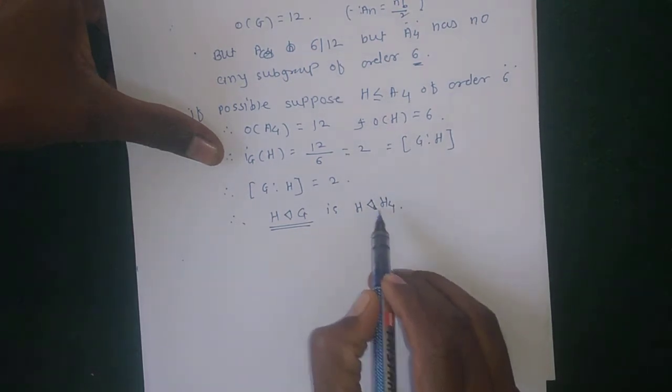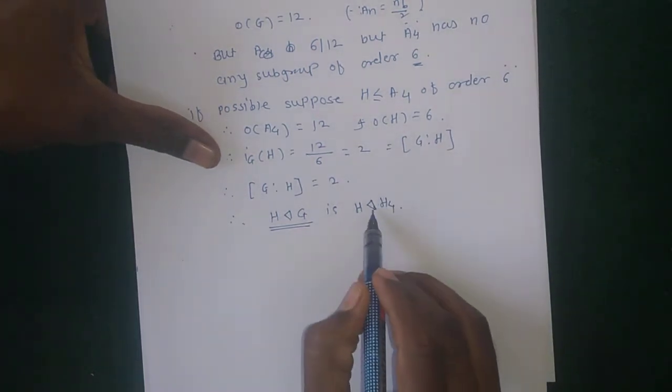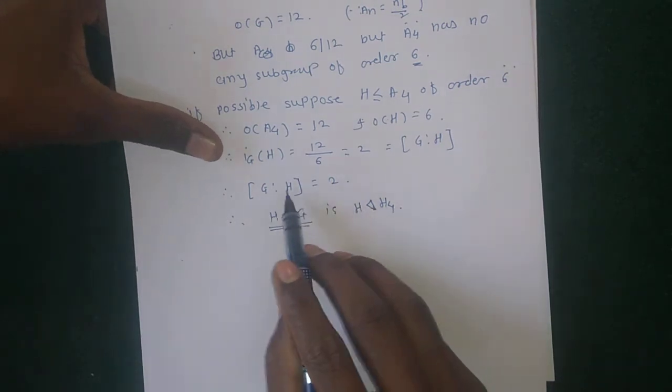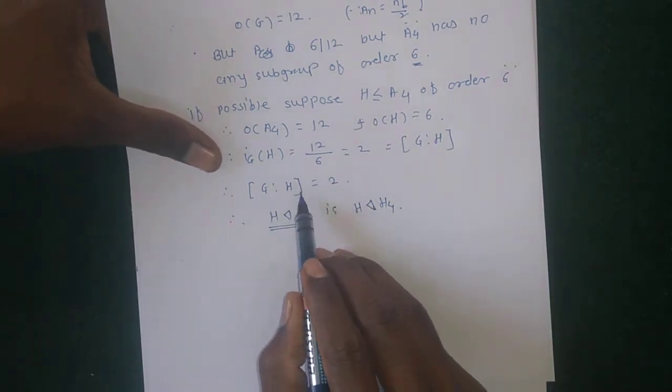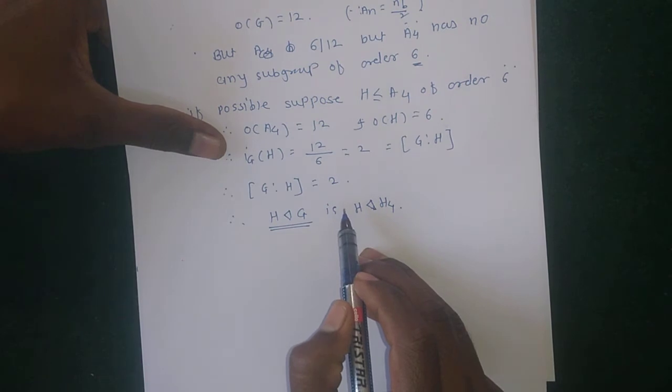Index 2 means the factor group G over H contains only 2 cosets.